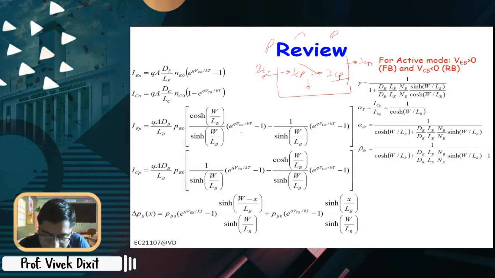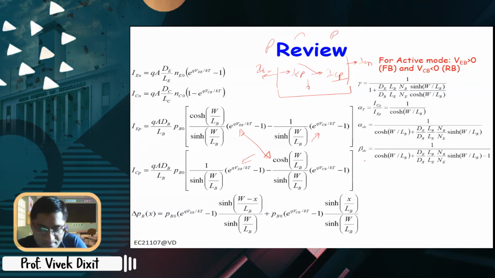If you compare the coefficient of exponential VEB here and exponential VCB here, these coefficients are the same, coth of W over L_B. Similarly, if you compare the other coefficients of exponential VEB with exponential VCB, they are also the same, 1 over sinh, and of course their signs are reversed.